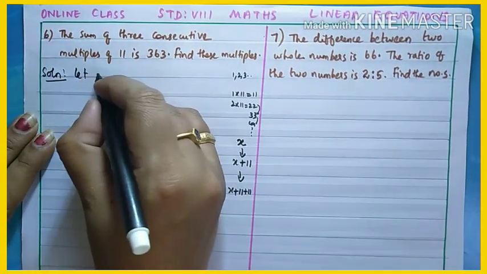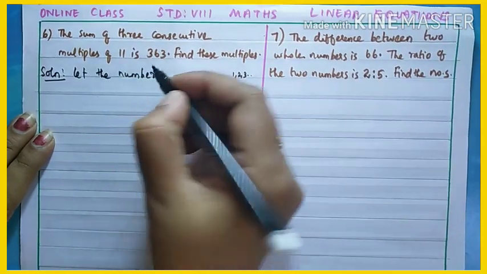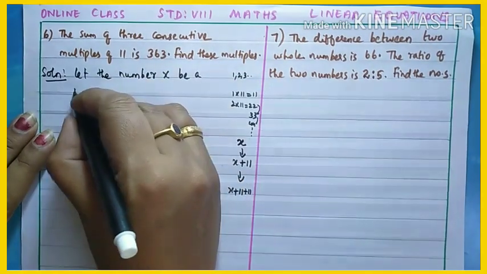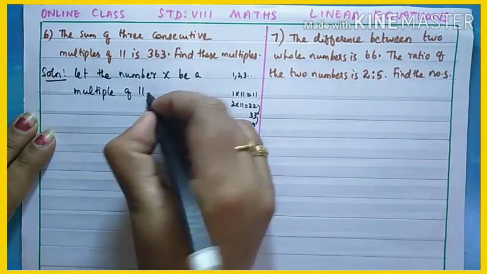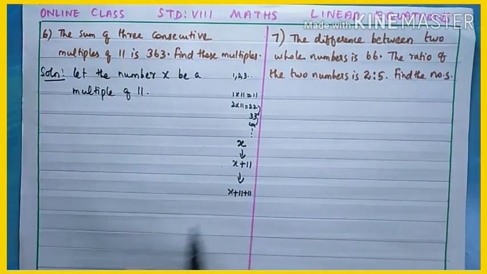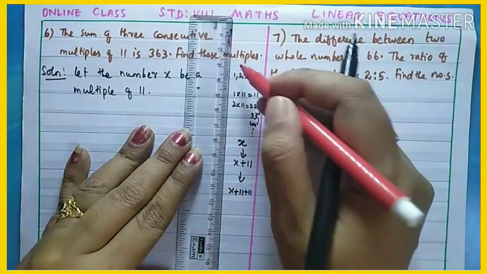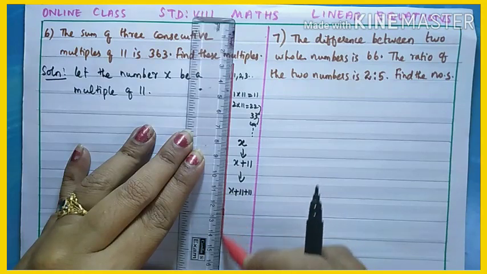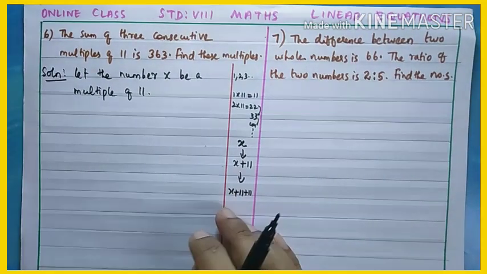Let the number x be a multiple of 11. So first multiple I am taking as x. So this is the rough calculation I did. You just don't get confused. Okay. Yes.